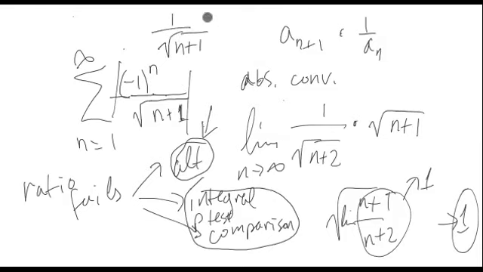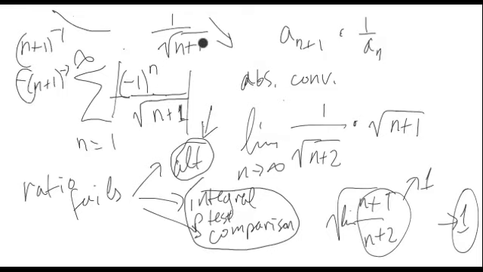Now this is a decreasing function because it's just a shift to the left of a decreasing function, 1 over root n. You could take a derivative to see, because this is (n plus 1) to the negative 1/2, and with the chain rule it's like negative 1/2 times (n plus 1) to the negative 3/2. That's negative, so it's decreasing.